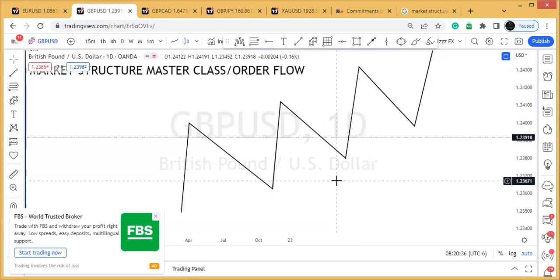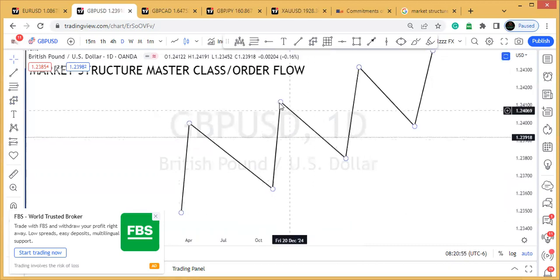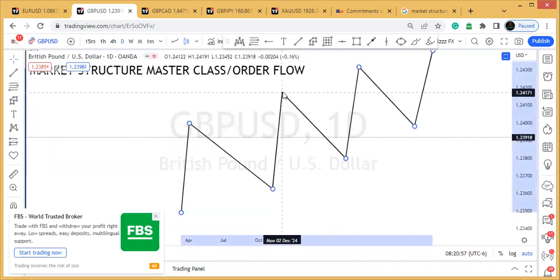I used to tell you guys I'm a day trader. So I look at my overall trend sometimes on the daily, sometimes on the 4 hours. Then my immediate trend, I look at it on 15 minutes, then execute my trade on the 1 minute or 3 minutes time frame. So this is my higher time frame.